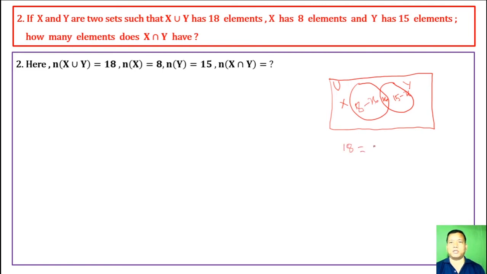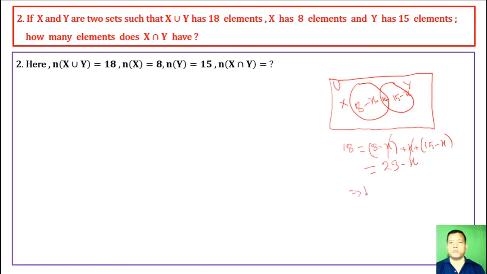We get 18 equal to 8 minus x plus x plus 15 minus x. Cancelling these two terms, we get 23 minus x.